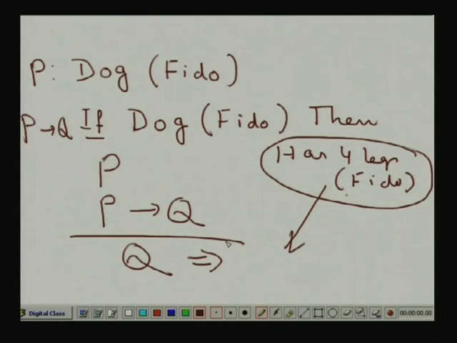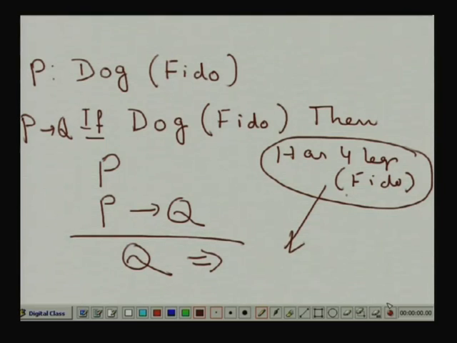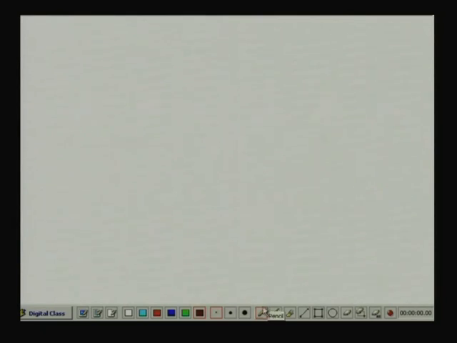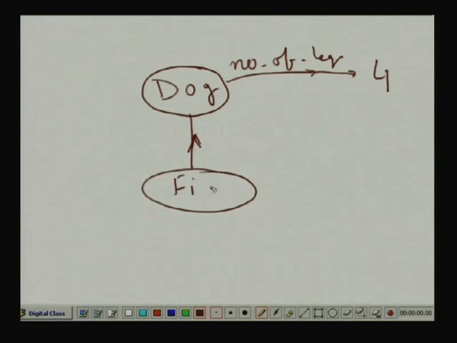For example, if I try to draw the semantic net equivalent to this, we could see that here is a concept dog, and dog has number of legs equal to 4, and Fido is a dog.